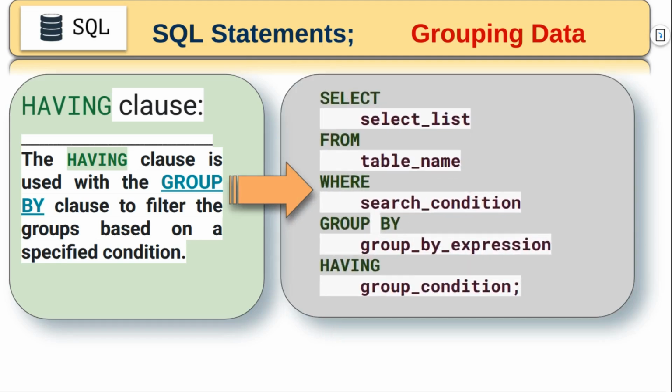So let's see the syntax of this. Under the select clause there will be the column names that we want to display, under the from clause the table name, and under the where clause we give the search condition.